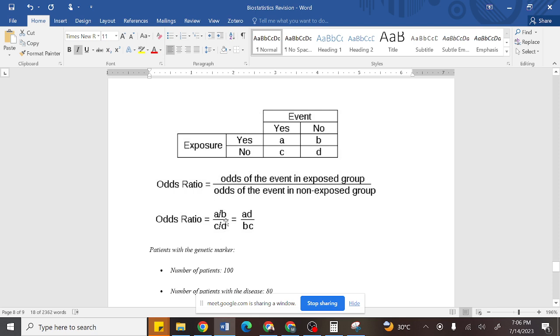What you have here and what you have as A times D divided by BC is just a simplification. There's nothing much in there. Even if you don't remember this, just remember AD and then BC. You remember what we have in describing the ancient times, before Christ and after Christ.